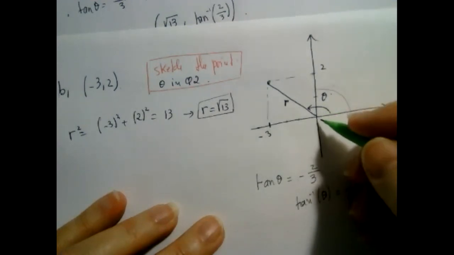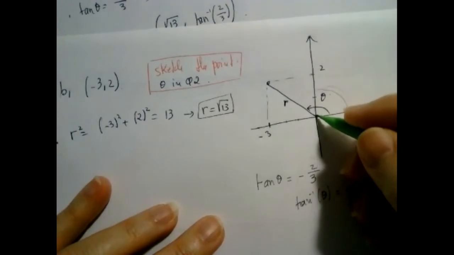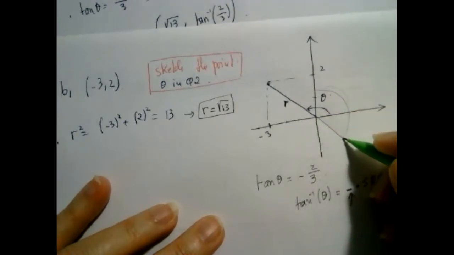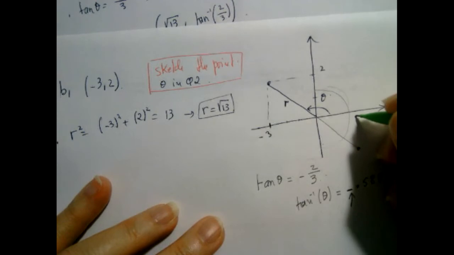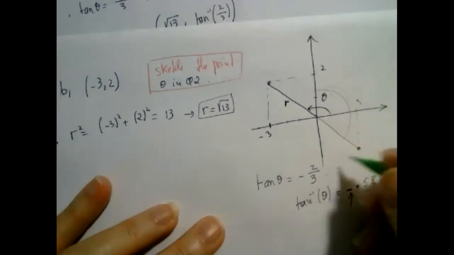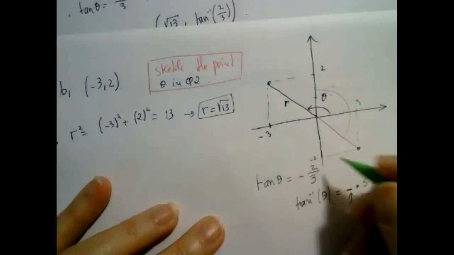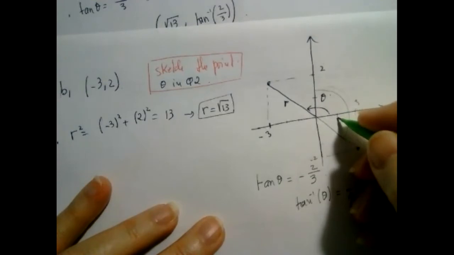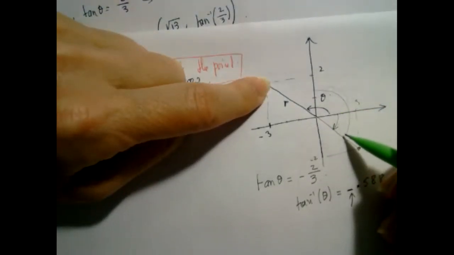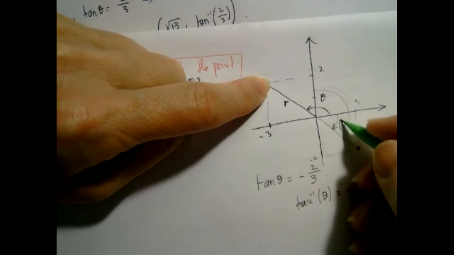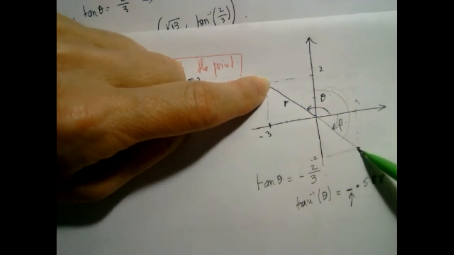Let's watch the picture. If I take the point right there, a total reflection, it means that this is 3 and this is minus 2. If I take this angle, let me call it beta, what's the tangent of beta?